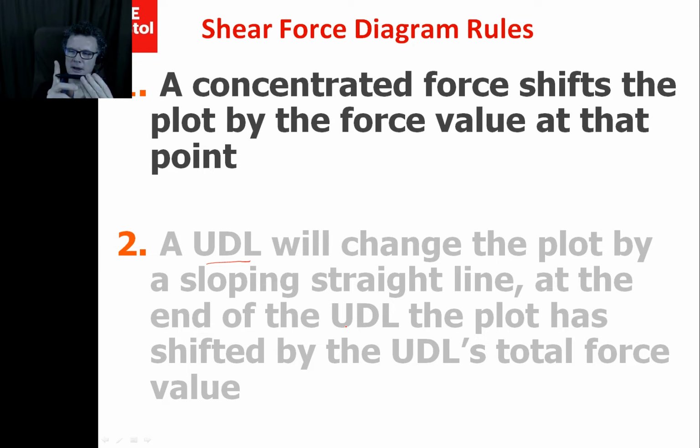Okay, so that's my first reaction. Now as I move across, I'm going to get the load force, and it's going to slowly bring down my plot further and further as I go across. So it ends up causing a sloping straight line. But as I said, we're not doing that problem in this particular lecture. We'll come back to it if that's not making sense, so don't worry too much.